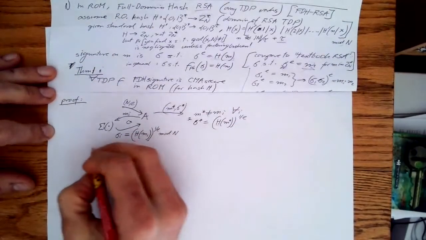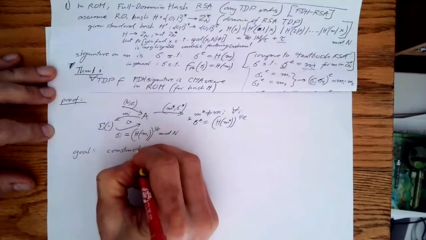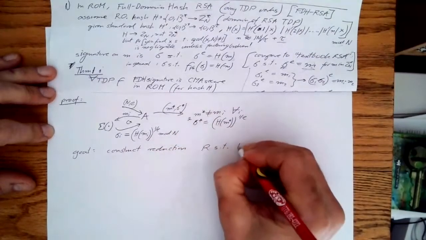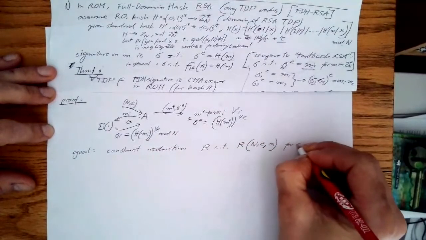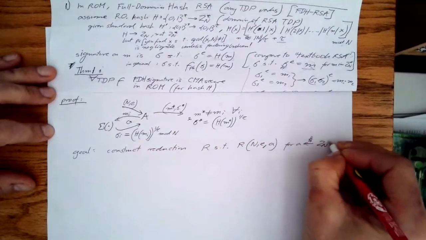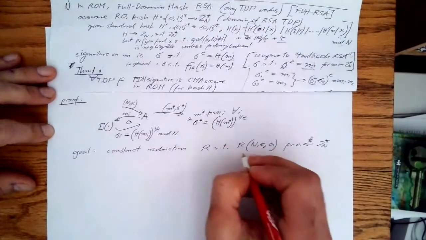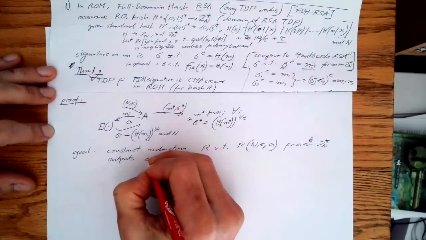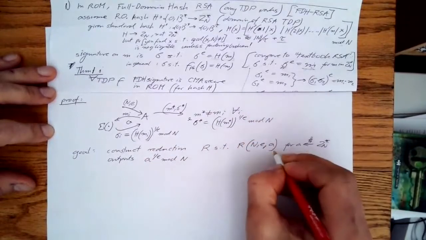What we would like, our goal, is to construct a reduction R given n, e, and some random point A, for A random in the domain, such that R outputs the e-th root of the challenge point.